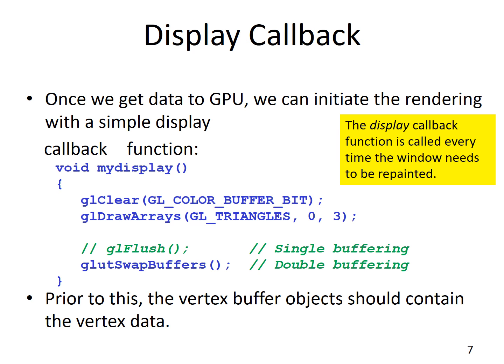Once we get data to the GPU, we can initialize the rendering with a simple display callback function. We call it the myDisplay callback function here. The first command here is to clear the buffers, and then we tell it to draw the arrays as GL_TRIANGLES, starting with the first index position and using 3 vertices to draw the triangle. That is, if we had more triangles, we would specify a higher value over here.